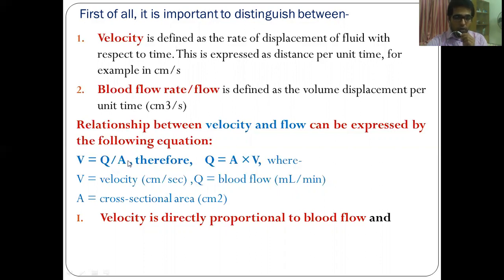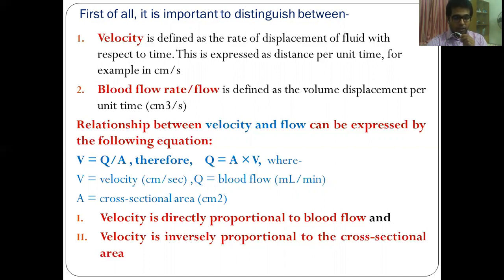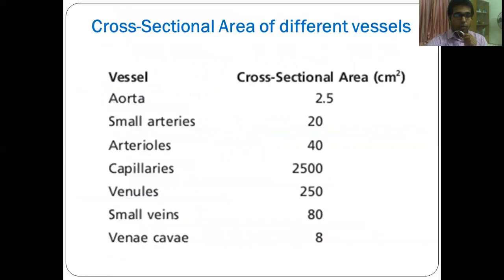That means if the cross-sectional area increases, velocity will decrease. But in case of reduced cross-sectional area, the velocity will increase. So here is the relationship. Here you can see clearly that velocity is directly proportional to the blood flow and inversely proportional to the cross-sectional area. So this is very, very important.